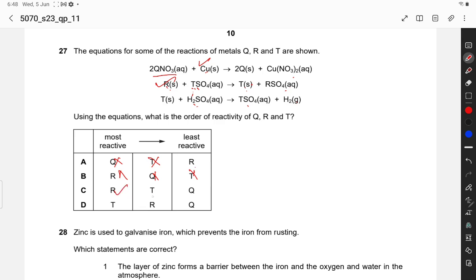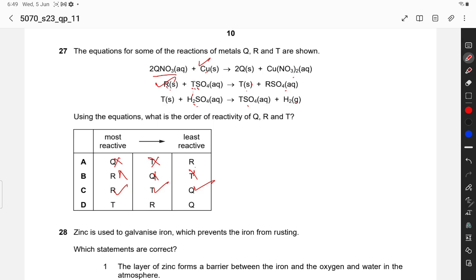Option C: R is most reactive, T is less than R and Q is less than T, because R displaces T and T displaces hydrogen ion. So T is above Q, but not above R.